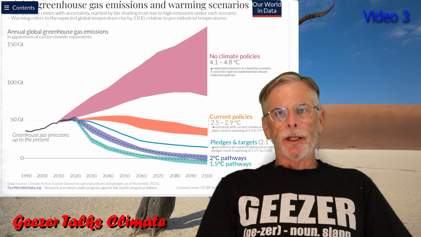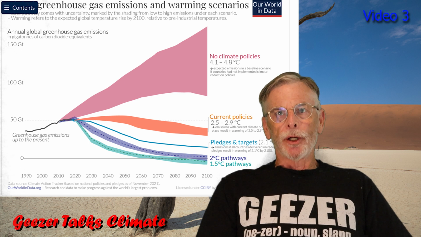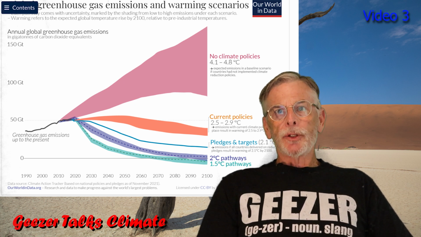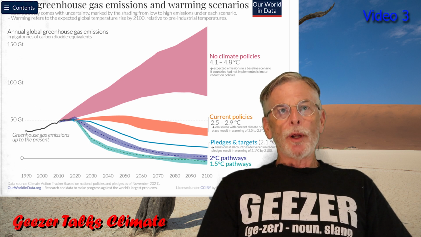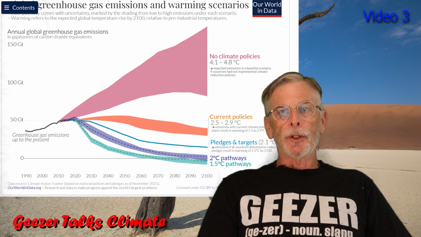If you recall from the last video, we spent quite a bit of time talking about this particular chart from Our World in Data. And just to remind everybody that we are at 1.1 degrees above our pre-industrial temperature. That's the degree to which the climate has warmed.